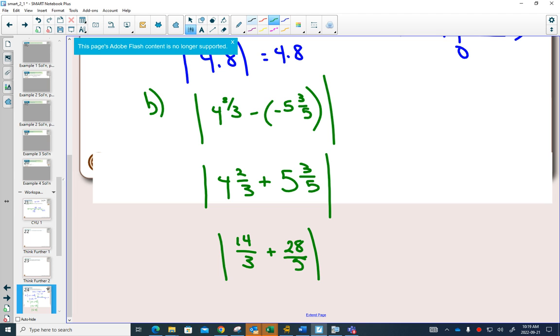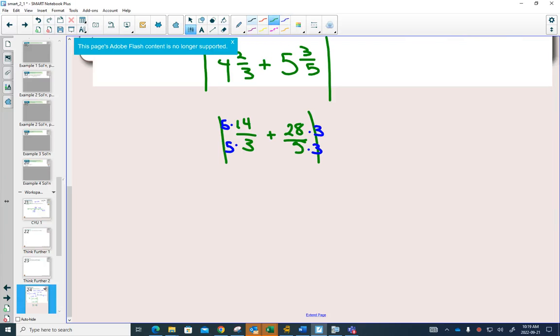And then in order to add fractions, you need a common denominator. So the common denominator between 3 and 5 would be 15. So I multiply top and bottom by 5 there, top and bottom by 3 there, and 5 times 14 is 70 over 15, plus 3 times 28 is 84 over 15. Add those together now.